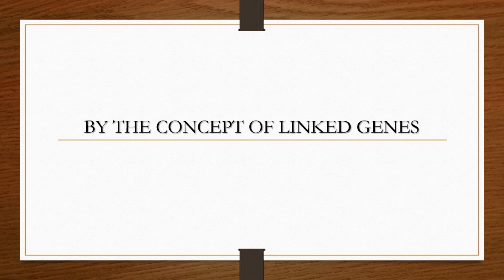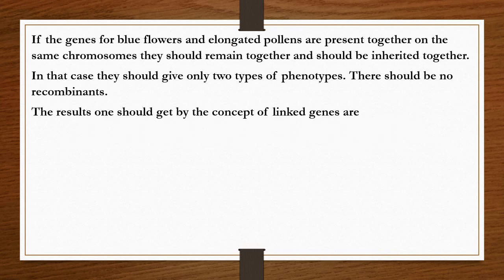Now let's explain the same cross by the concept of linked genes. If the genes for blue flowers and elongated pollens are present on the same chromosome, they should remain together and should be inherited together.